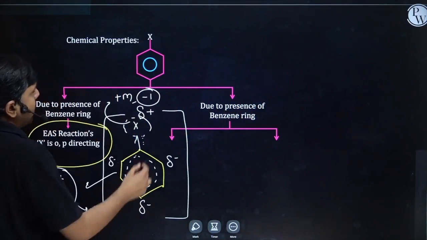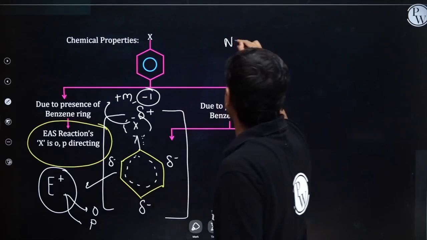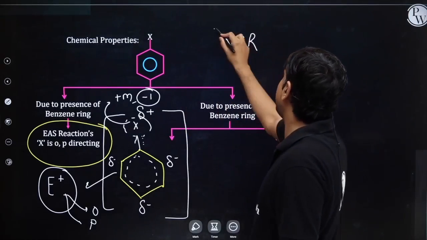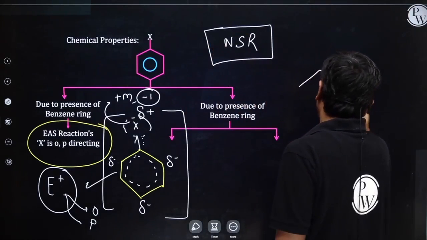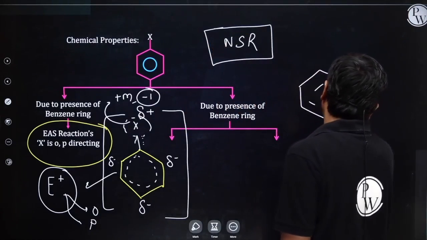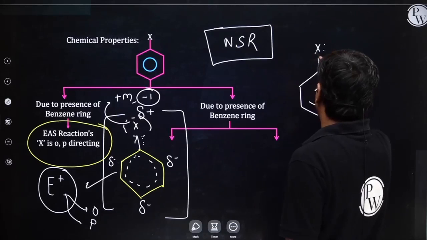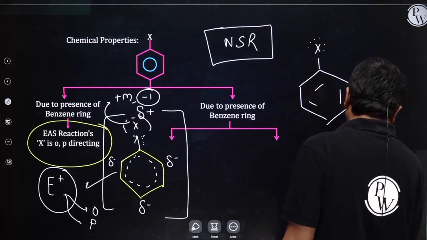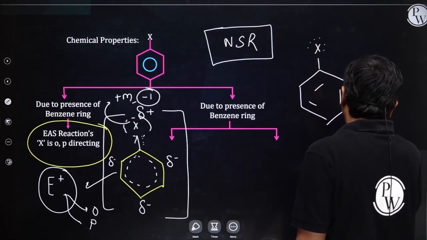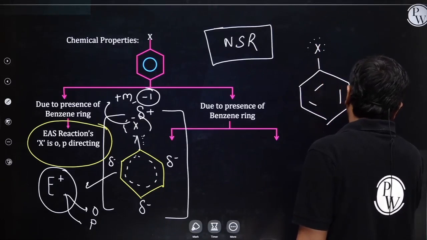Now let's talk about the nucleophilic substitution reaction of halobenzene, NSR. Student, if I look at the structure of this halobenzene, because of the lone pair and because of the partial double bond character, this halobenzene won't easily undergo nucleophilic substitution.